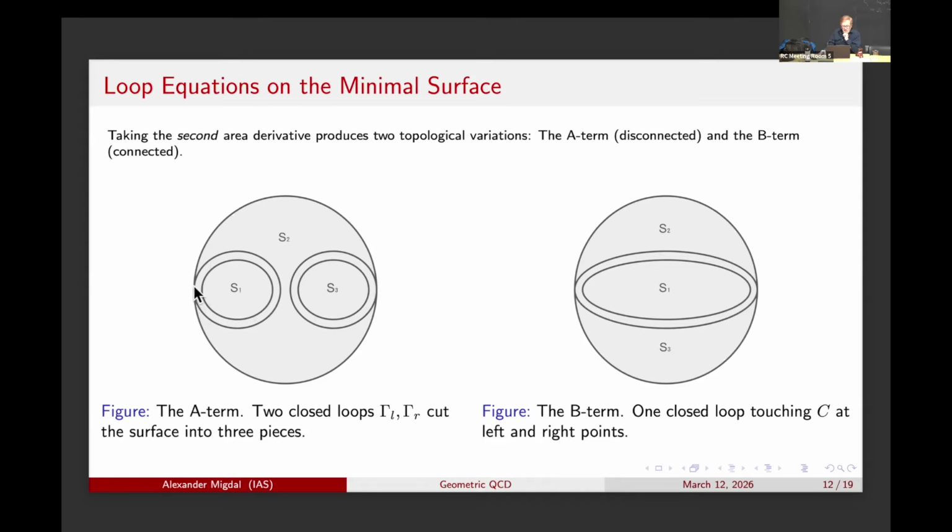So let's find the variation at point 1 on the left side and point 2 on the right. So there will be two terms. One term will have two loops, one touching the left point, another touching the right point, and there will be three regions now: S1, S2, and S3. S1 is inside the little left loop, S3 is inside the little right loop, and S2 is the remaining area.